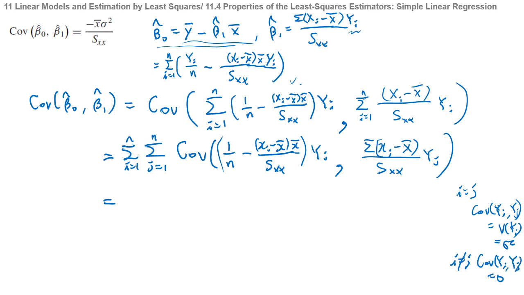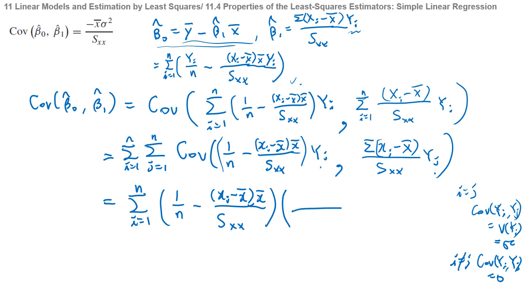So this form can be simplified to the sum over i equals 1 to n, where i and j are equal. In this case, if yi and yj are the same, then this one is 1 over n minus 1 over Sxx times (xi minus x bar) times x bar, and this term is 1 over Sxx times (xi minus x bar), times the variance of yi, which is sigma square.